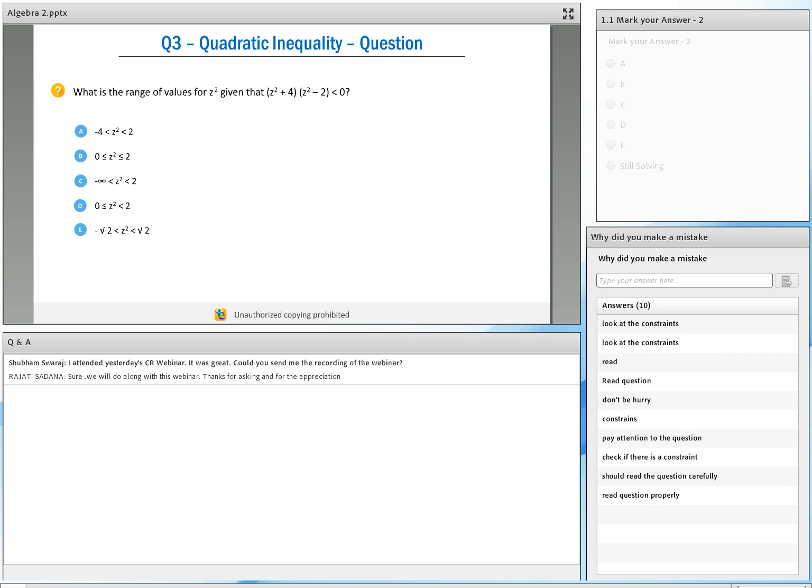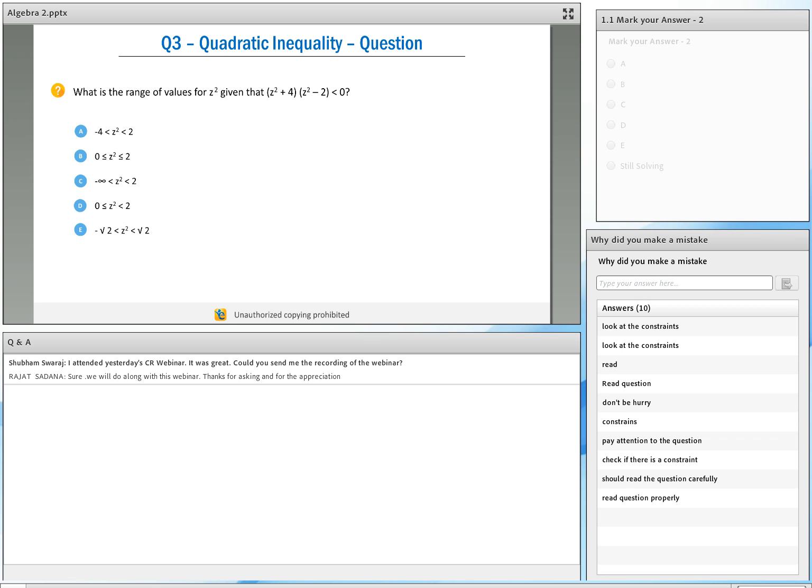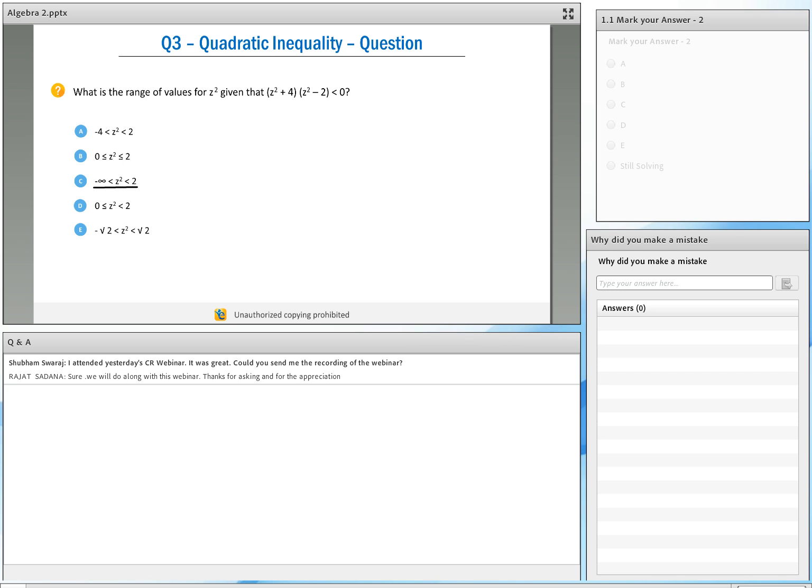Now, this question is just for those of you who chose choice C. What happens to z square plus 4? In the context of this question, what happens to z square plus 4? It can't be negative, it's always positive. All right, why is it always positive?